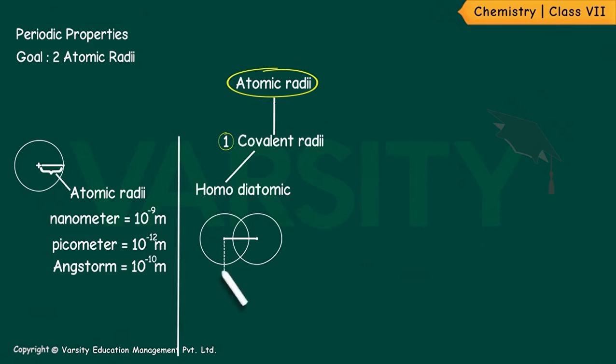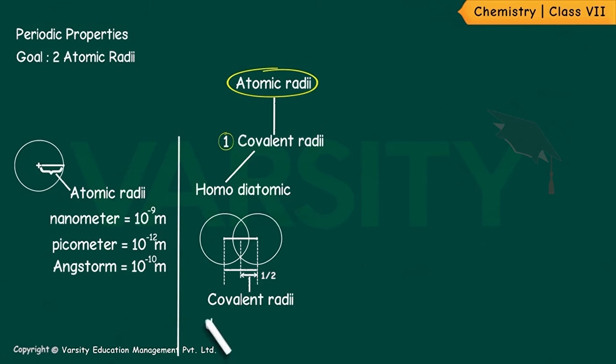In homodiatomic, the molecule is made up of two atoms which have the same electronegativity, so the atomic radius is measured as 1/2 of the distance between the centers of the two nuclei. This is the covalent radii for homodiatomic molecules.